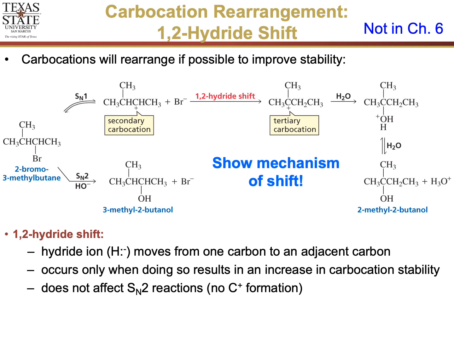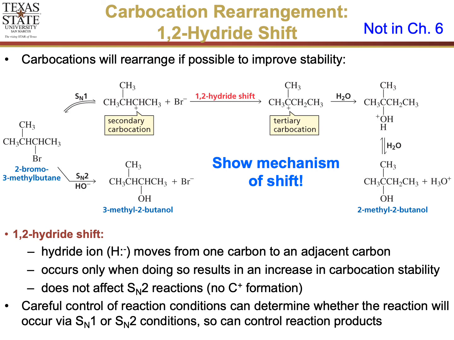So by SN2, we create the secondary alcohol. By the SN1, we create the tertiary alcohol. Okay. Note, it will only transfer one carbon and only to make a more stable carbocation.